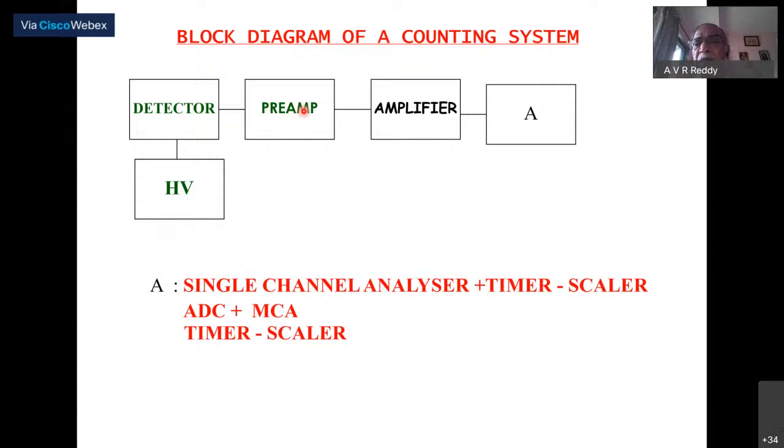The signal from the preamplifier, we have to amplify, and then we use an analyzer. There are a variety of analyzers. It can be a single channel analyzer with a timer scaler, or an analog to digital converter with a multi-channel analyzer, or simply a timer scaler in the case of counters. These are the parts of the block diagram of a counting system.